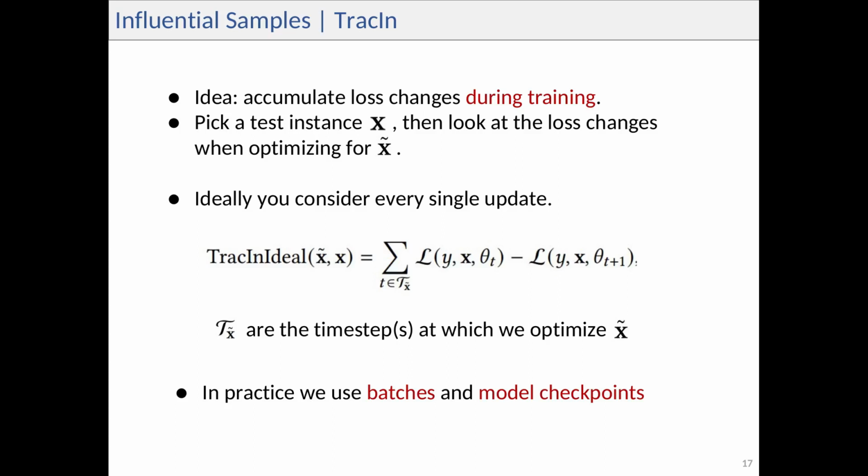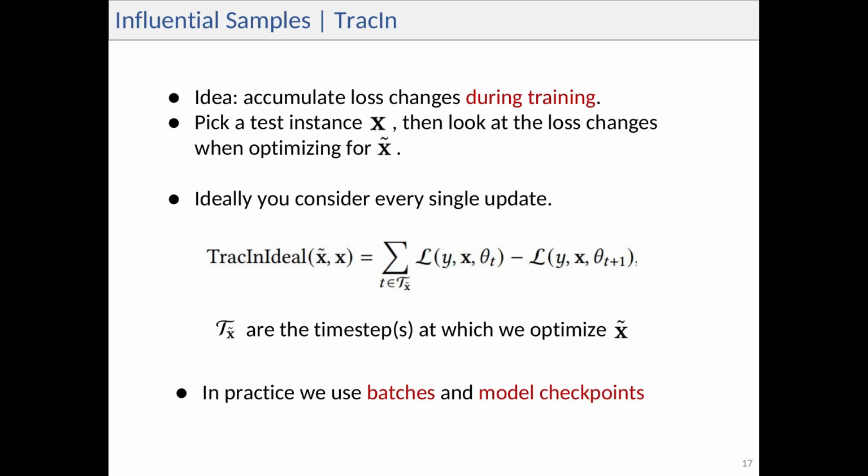So I just take X and look at the loss on X changing as I'm training my model. And I look at the loss changes specifically when I am optimizing for X tilde. And you just keep this for many samples.